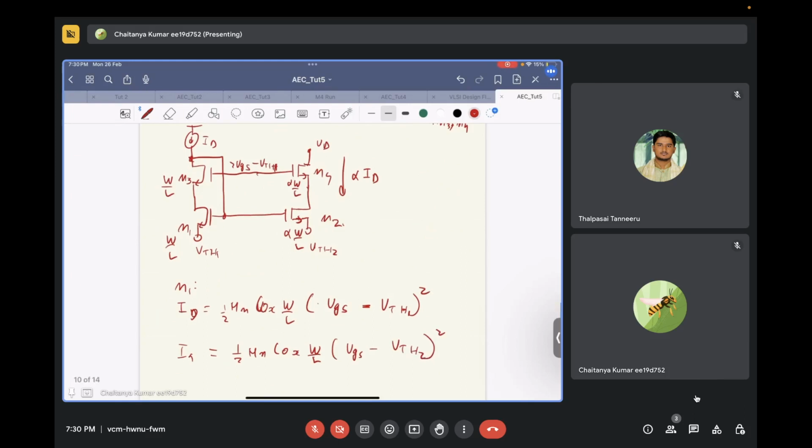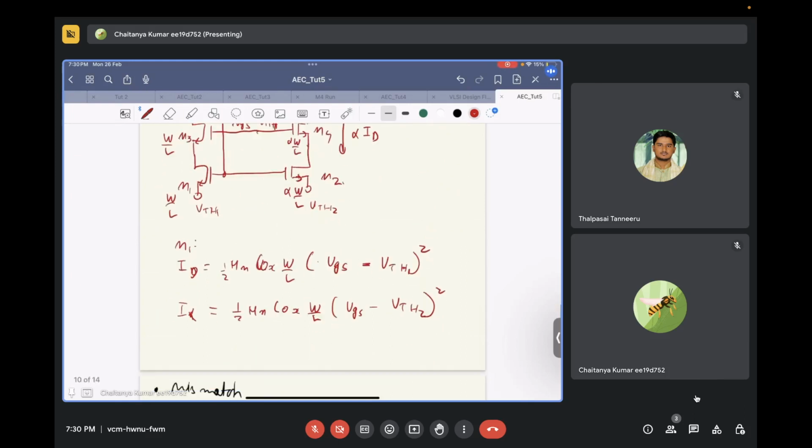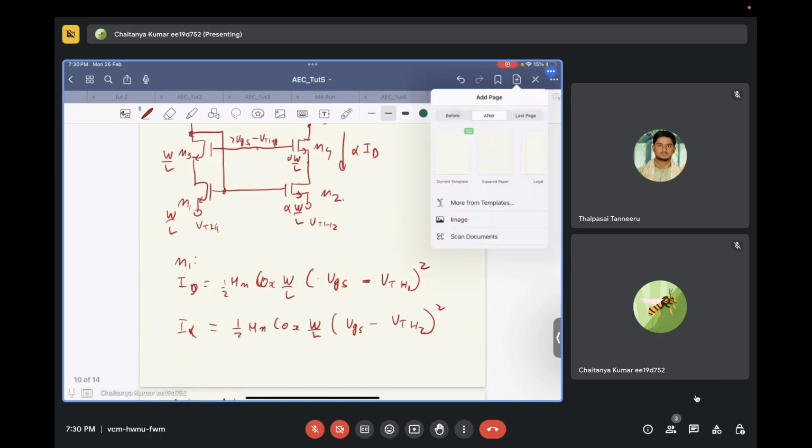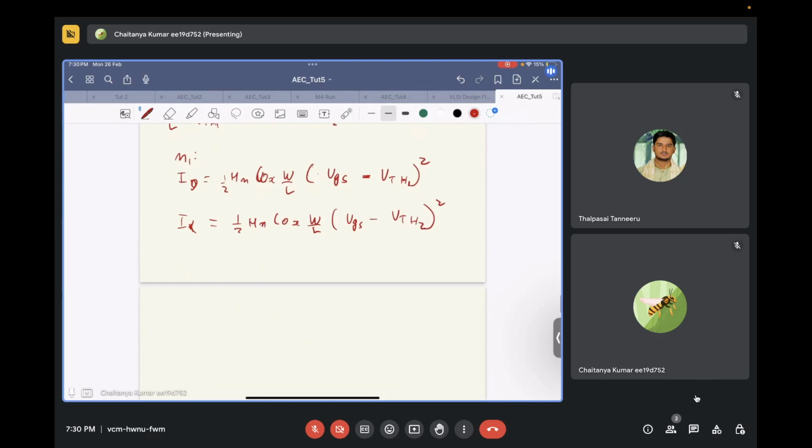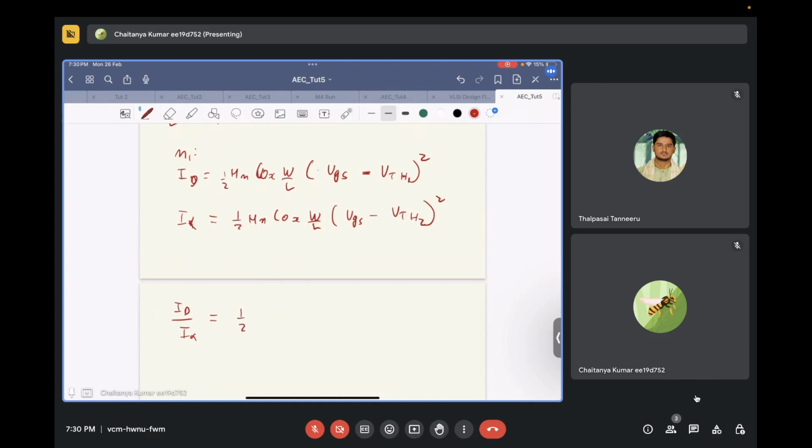So if we put it, we need to find the error in this thing, right?